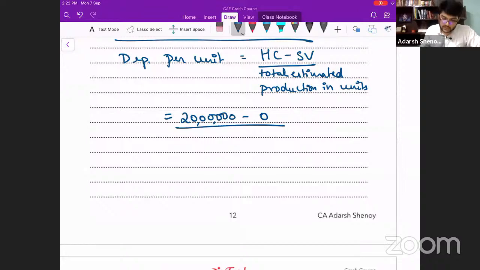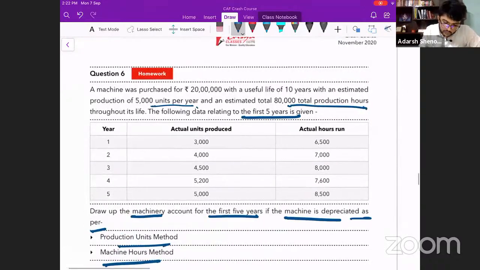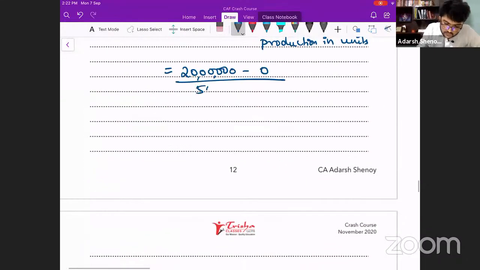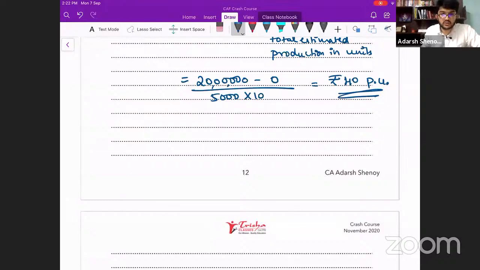How many units were estimated every year? 5,000 units per year. For how many years? 10 years. So that means 50,000. So could you please tell me what is the depreciation rate per unit? Rupees 40 per unit.